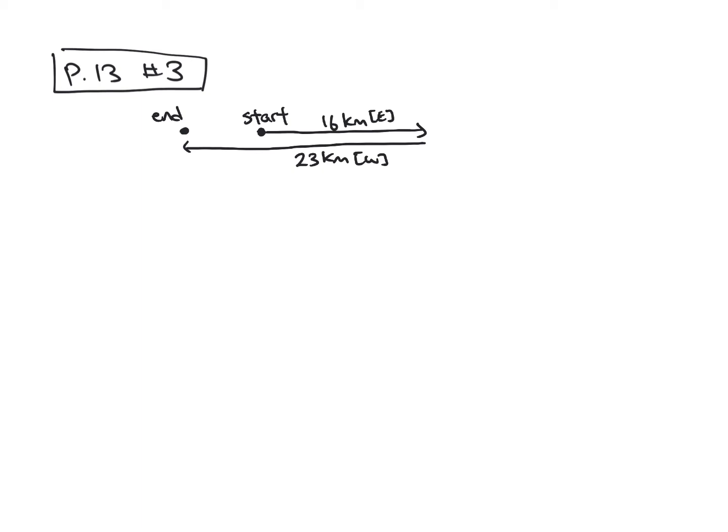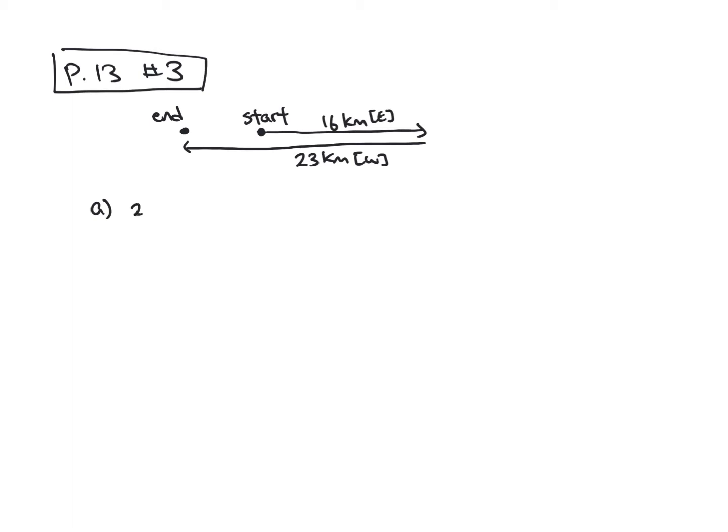Part A, what is the camper's final position with respect to the camping site? So the camping site is where they started, actually. So the final position is where they ended. So I can do a subtraction there, 23 minus 16, basically, to get me where they ended versus where they started.